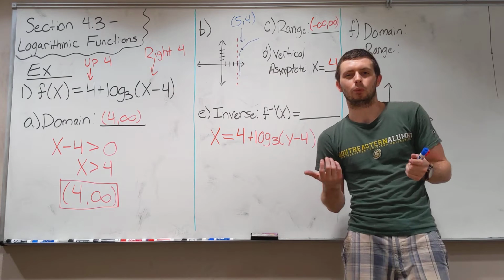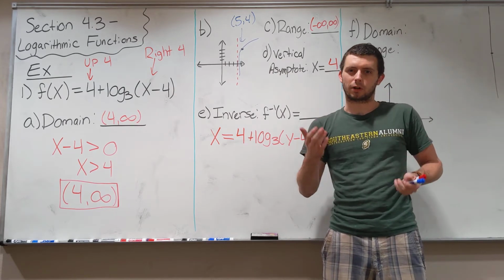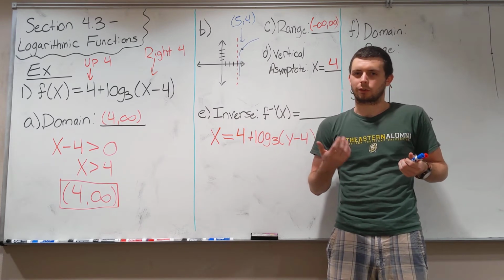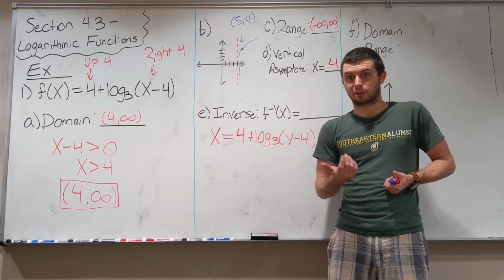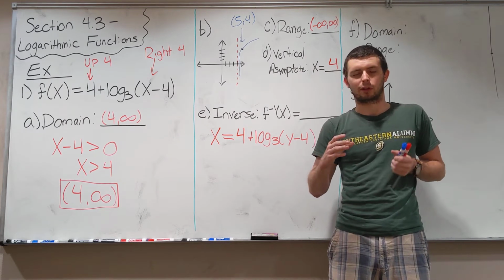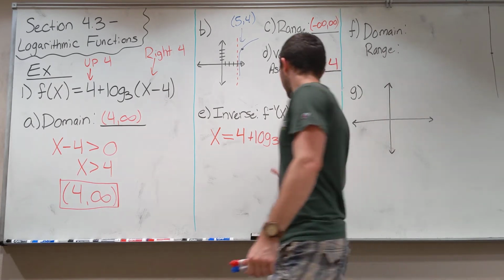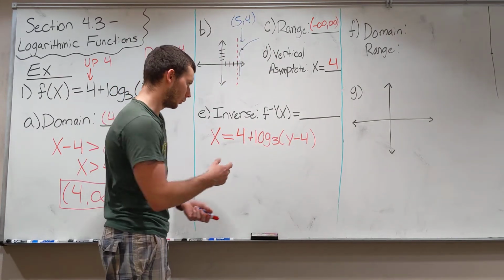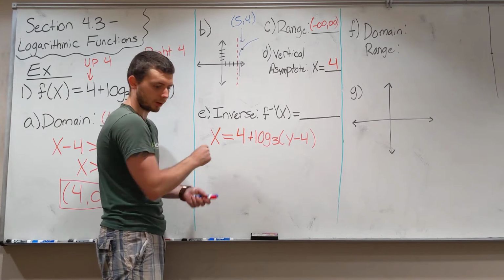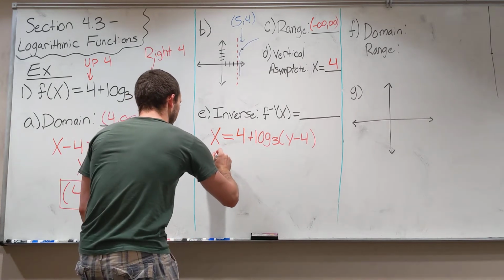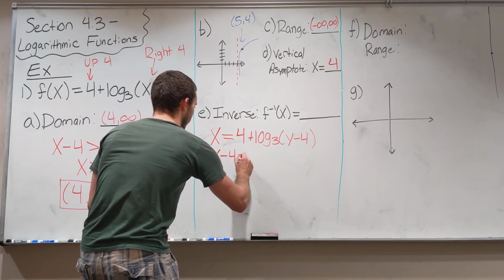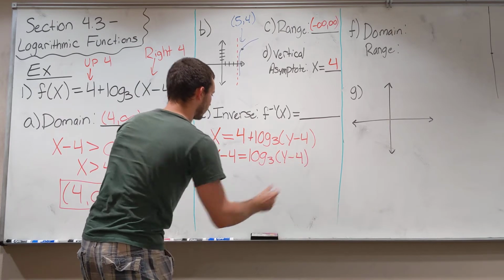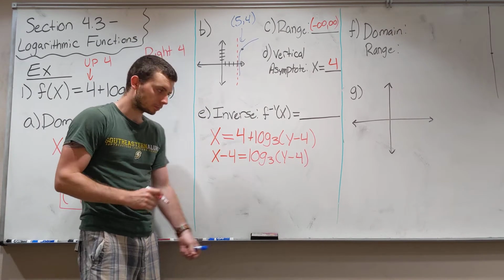This is very similar to when we did the section on radical functions, and you had to get the square root function or the third root function, fourth root function by itself before you raise both sides to a particular power. It's the same idea here. So in other words, we need to move the 4 over here right fast. So let's go ahead and do that. So now the logarithm is by itself.